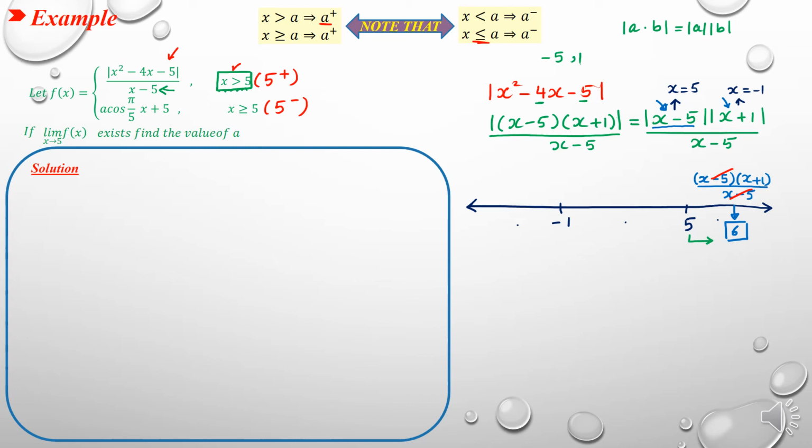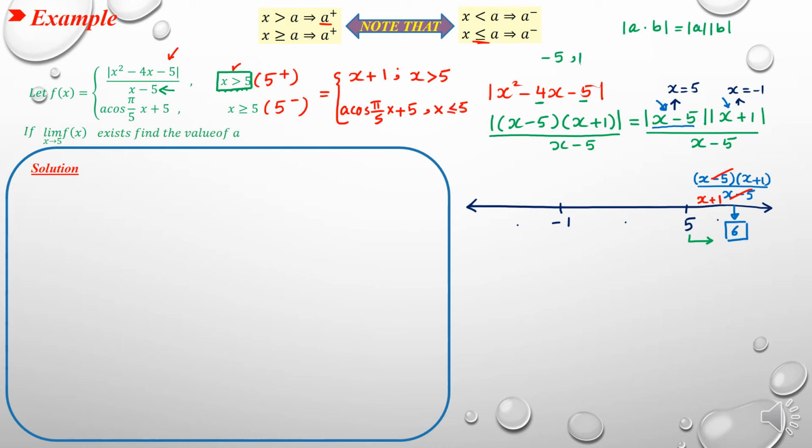So the simplification of the function in this interval is x plus 1. So our function is x plus 1 when x is greater than 5, and a cosine of pi over 5 x plus 5 when x is less than or equal to 5.